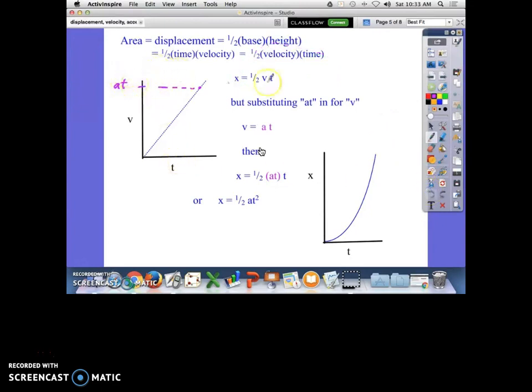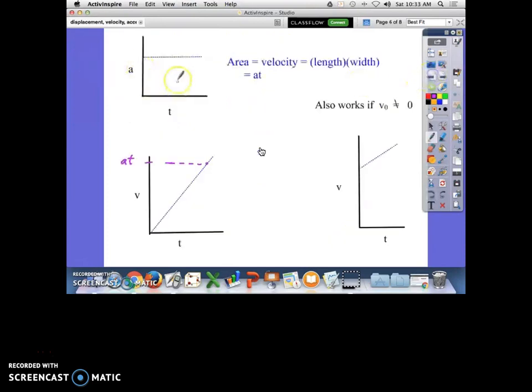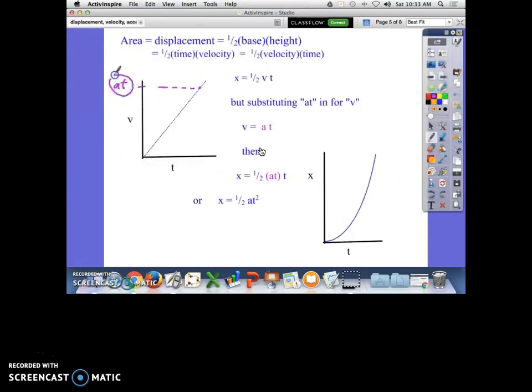If you take that original AT that you found back here, A times T, and you put it in for B, we can put A times T in for B. Put that in there, and we've got x equals 1/2 A times T times the original T, or x equals 1/2 AT squared.